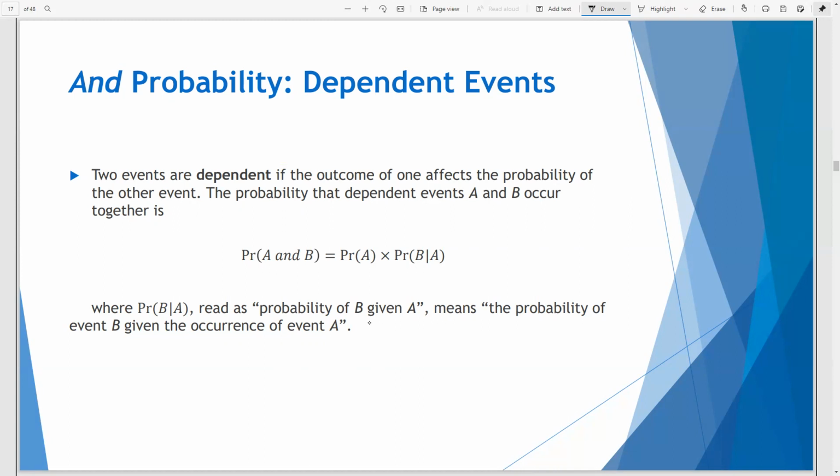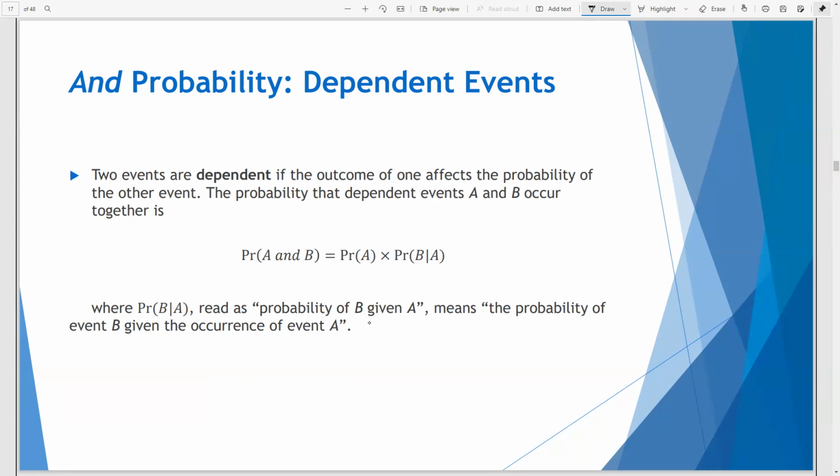For dependent events A and B occurring together, the probability of A and B equals the probability of A times the probability of B given A, where the probability of B given A means the probability of event B occurring given the occurrence of event A.